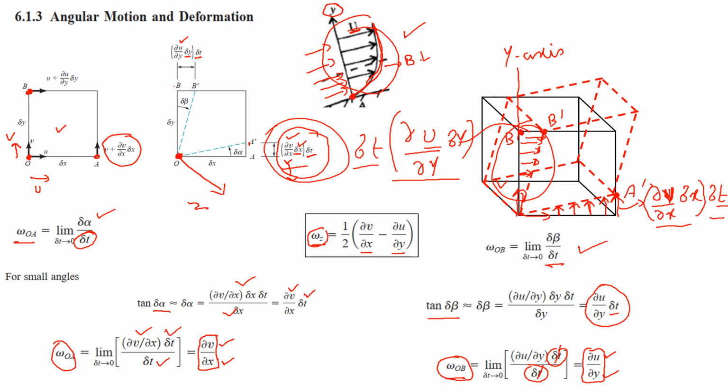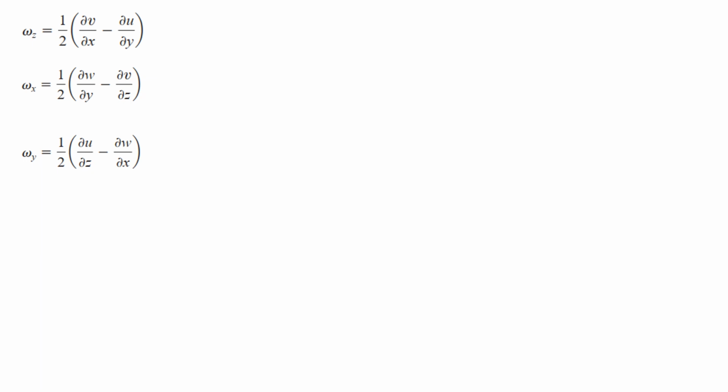So we can combine these two and write them in terms of omega z. So this is the rotation along the z axis. Similarly, we can write equations for the rotation along the x axis and y axis. Let's have a look at them. So here we have our rotation along the z axis, that is equal to these velocity gradients, and our rotation along the x axis, in this term we will have our velocity gradient, that is the change in the z component of the velocity with respect to the y-axis minus the change in the y component of the velocity along the z-axis.